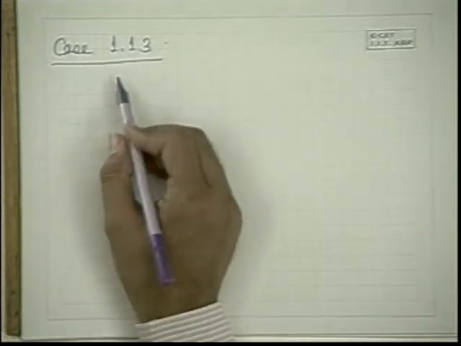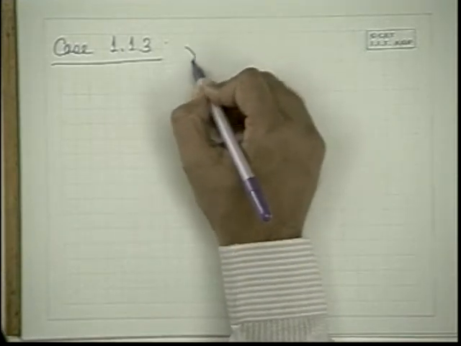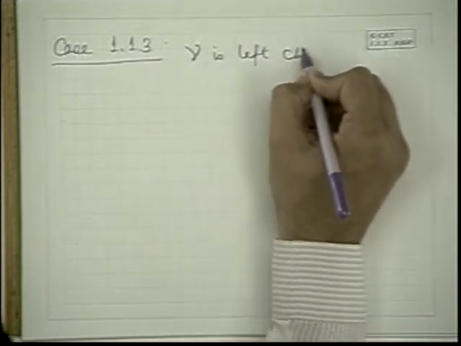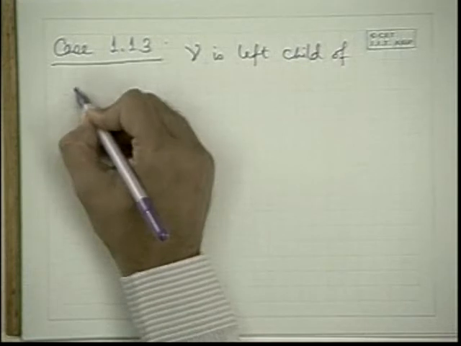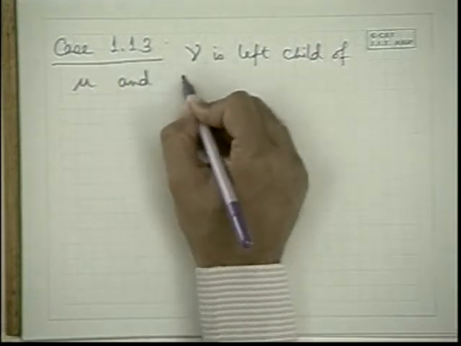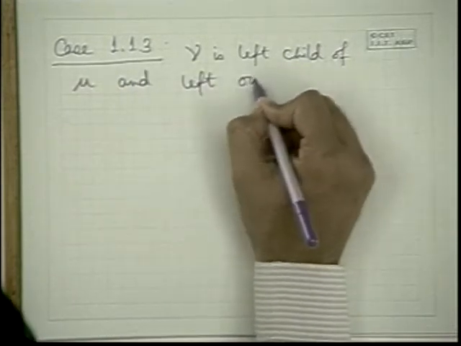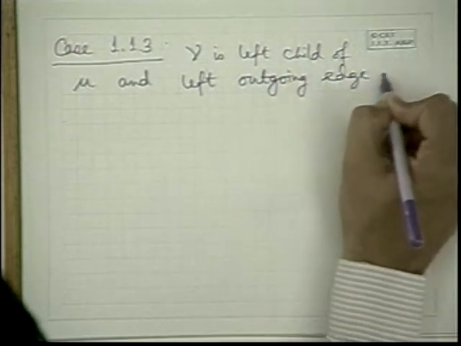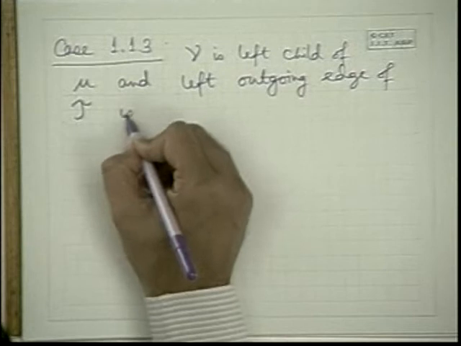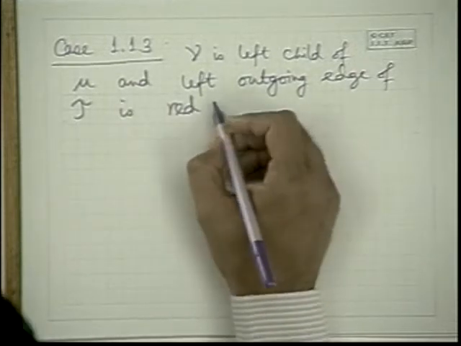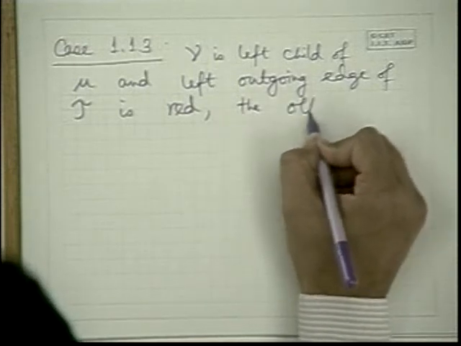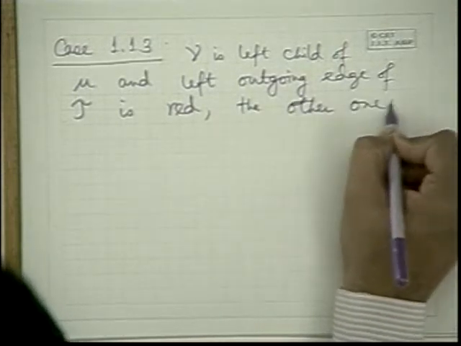Now case 1.1.3, now in this case again nu is left child of mu, and this time the left outgoing edge of tau is red. The other one is black.